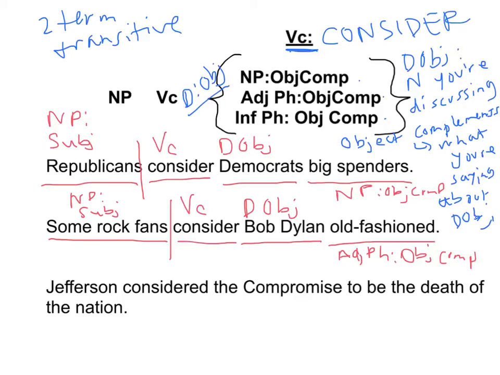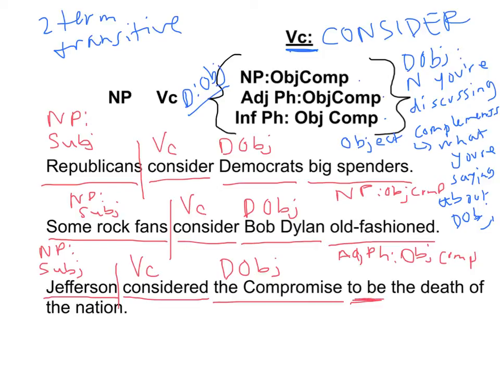All right, Jefferson considered the compromise to be the death of the nation. Woo, this is a hard sentence. Let's take a look at it. Well, who's doing the action? Jefferson is our noun phrase subject. Considered is our VC. What did he consider? He considered the compromise. That's our direct object. And then infinitive, remember, is to plus a word.